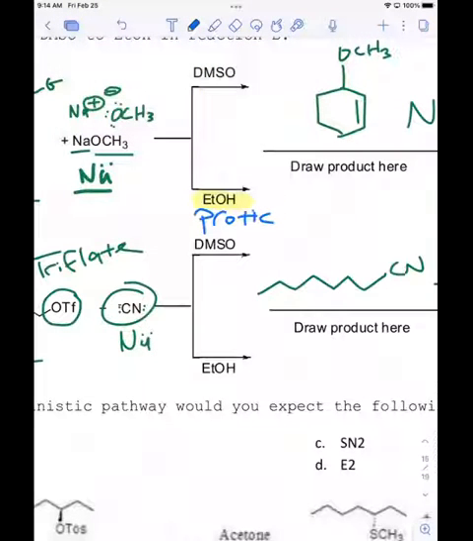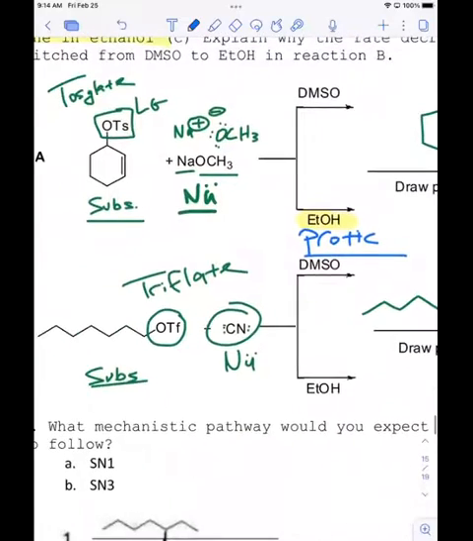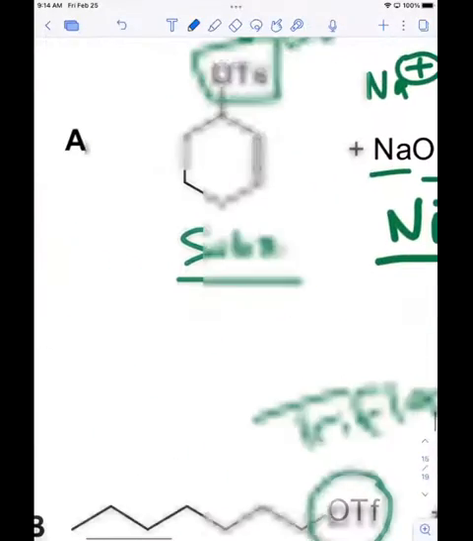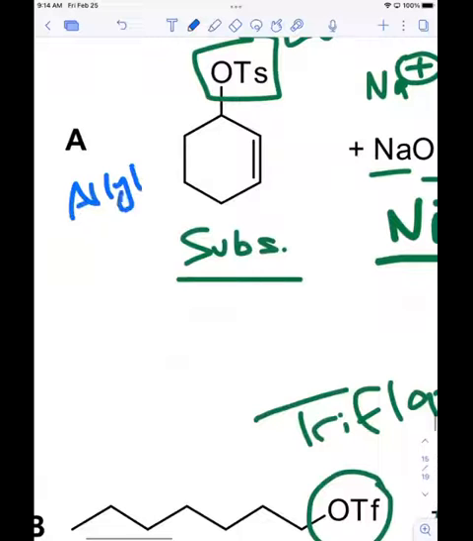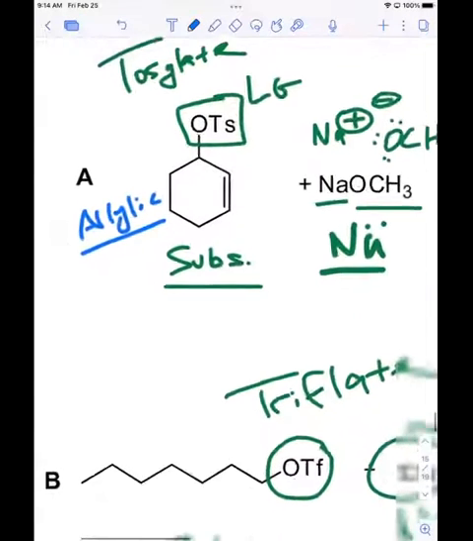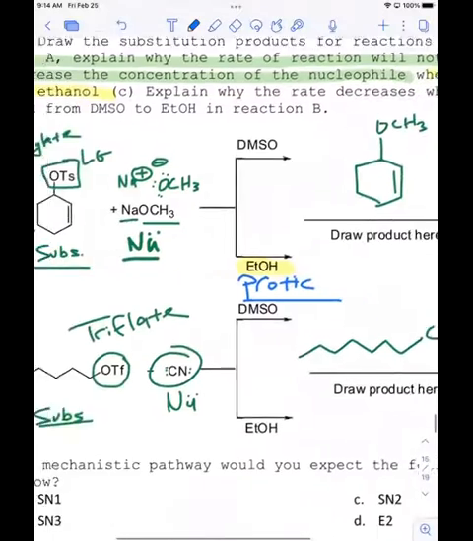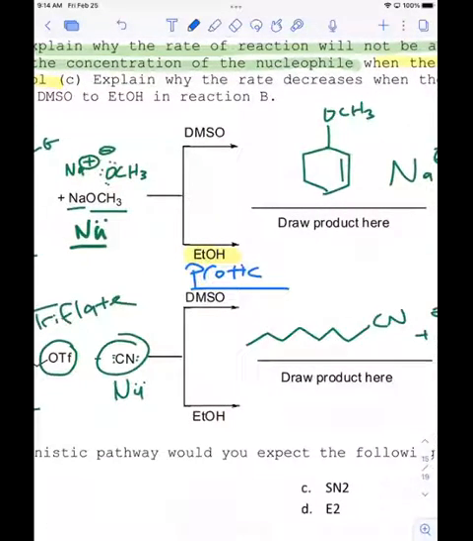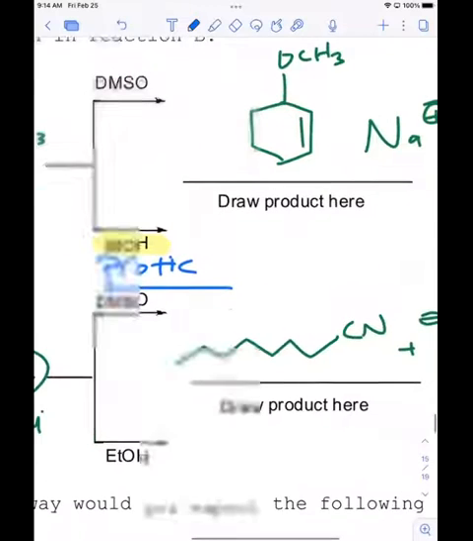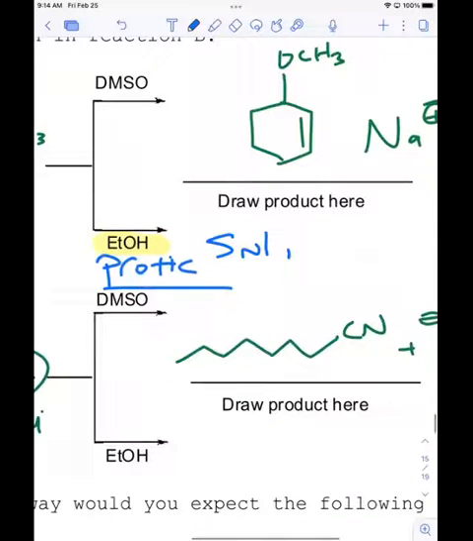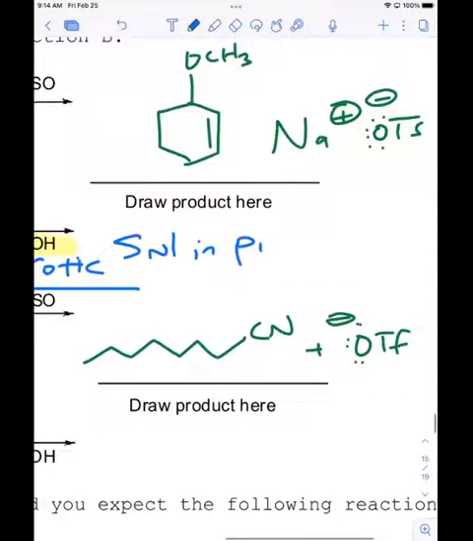So if I have a protic solvent and an allylic substrate, because this is allylic, and it's secondary, that's pointing to, and you're absolutely right about what you just said, the fact that the mechanism is SN1 in a protic solvent.